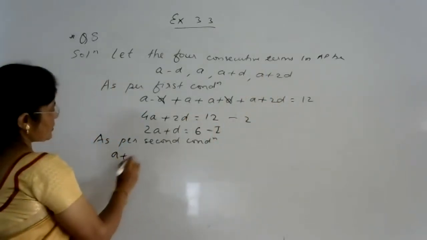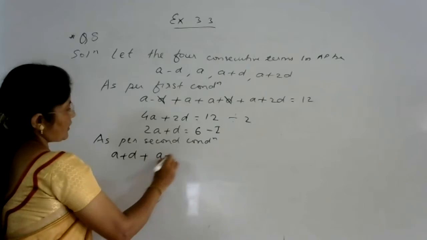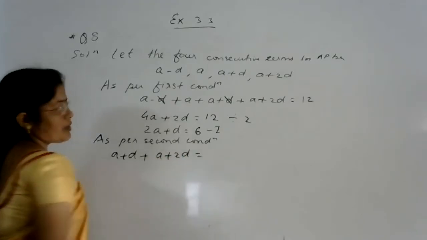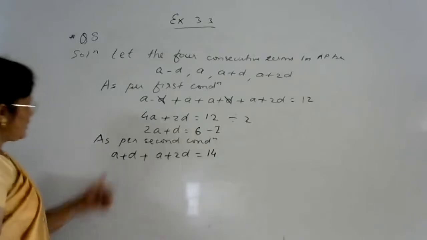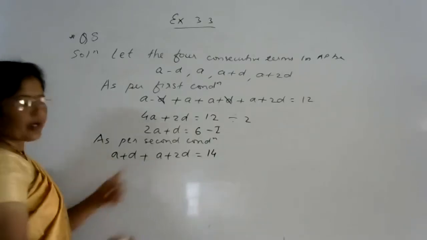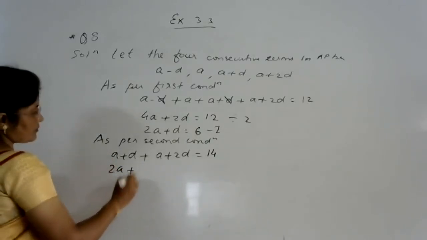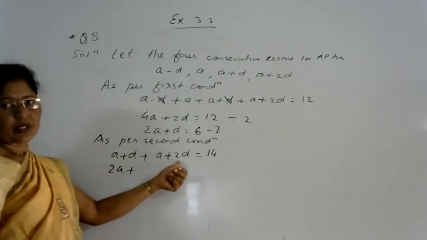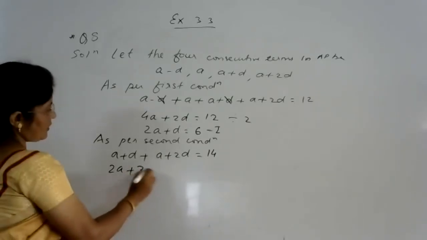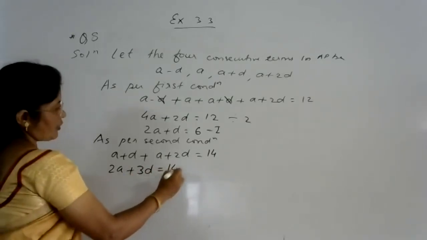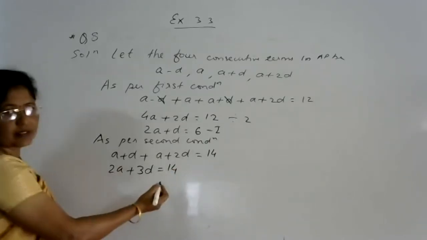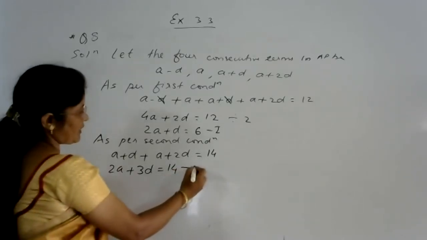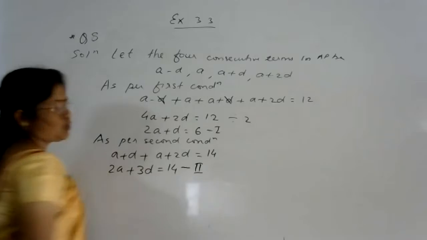So A plus D plus A plus 2D is equal to 14. So A plus A, 2A, D plus 2D, 3D, that is equal to 14. Now this equation is not cancelling, not possible to bring in simplest form, so keep it as it is. This is equation number 2.